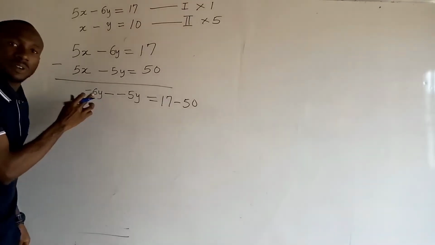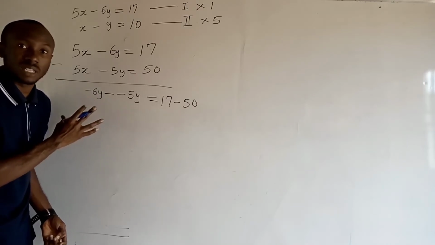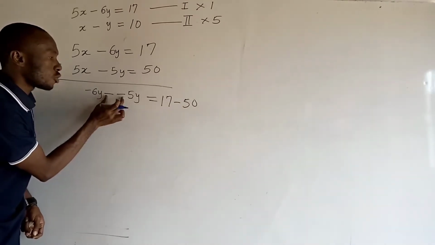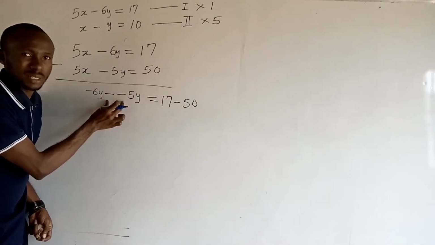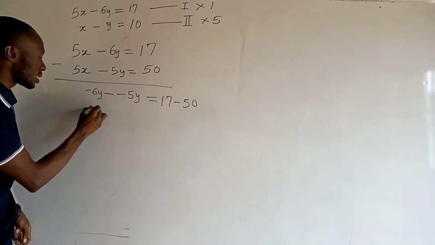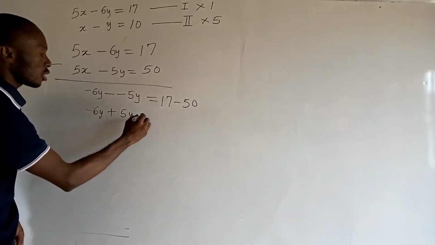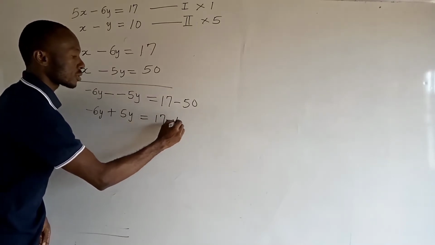So you can see whenever you are solving math problems or any problem that has to do with mathematical or arithmetic operations, you try as much as you can to resolve these two signs. Now you can see that minus minus will resolve to the plus. So you have minus 6y plus 5y, then equal to 17 minus 50.